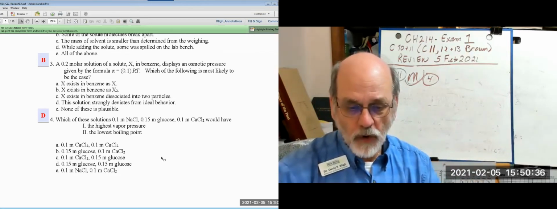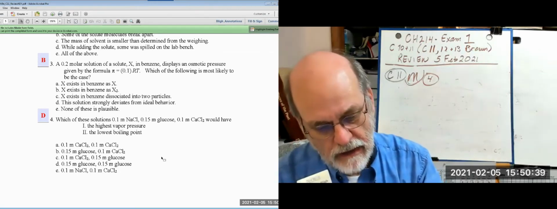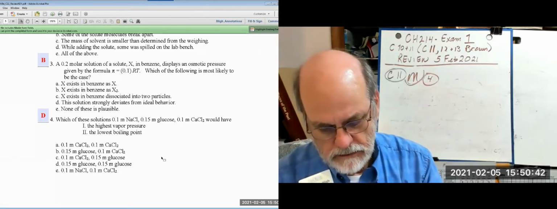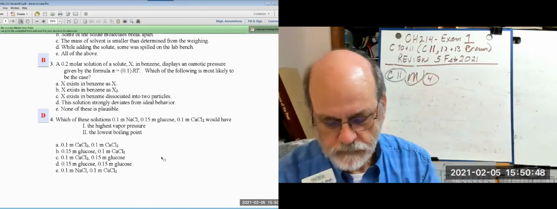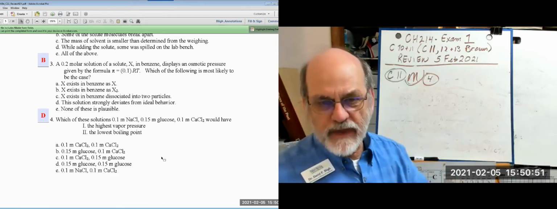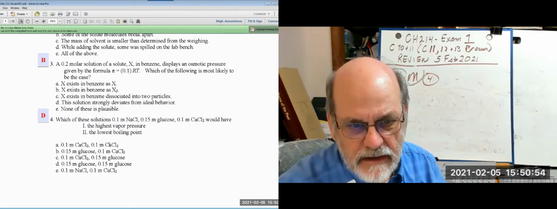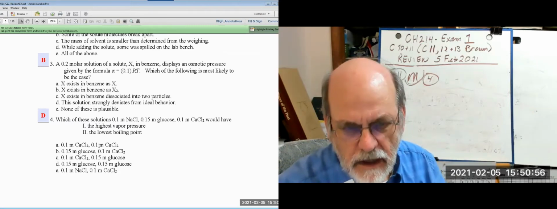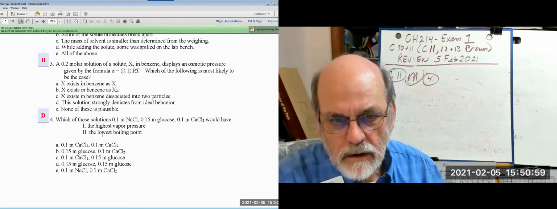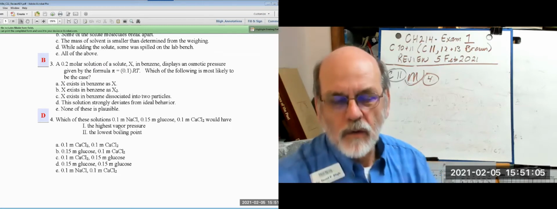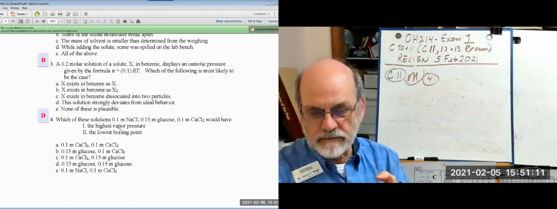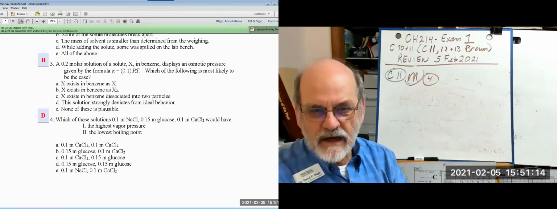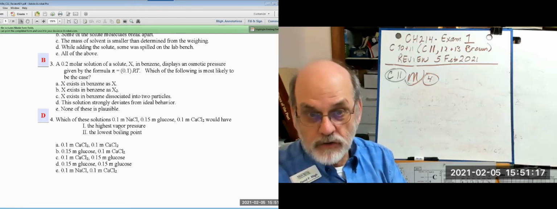So what do we say? Well, let's see. We need to associate each of these to its particle concentration. So what's the molality of sodium chloride in solution?